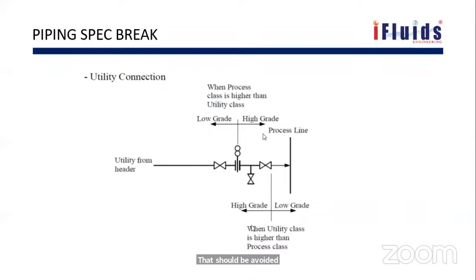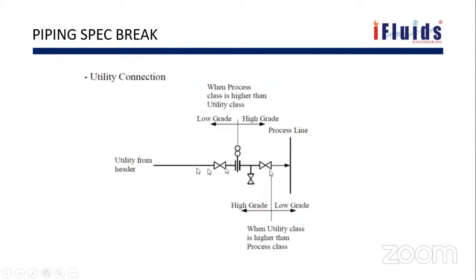And now there are many utilities which are connected to a process line. Why a utility is connected is, we'll be using it for purging. We'll be using it during shutdown and startup. So at that time, what happens? The utility header will be of lower grade and the process line might be of a higher grade.